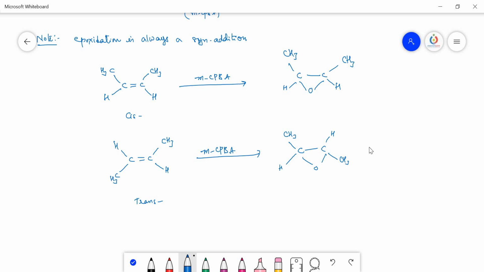This is one molecule. In another molecule, the compound is like this. They are mirror images of each other. These both are enantiomers.